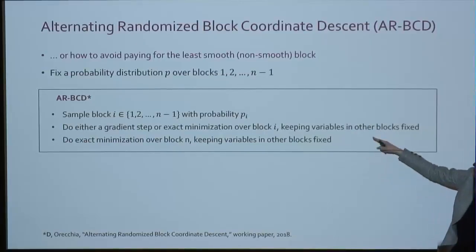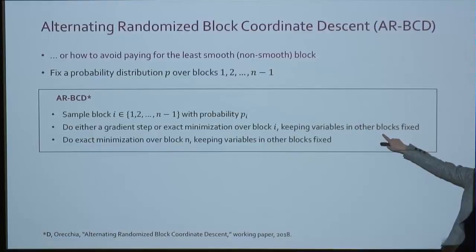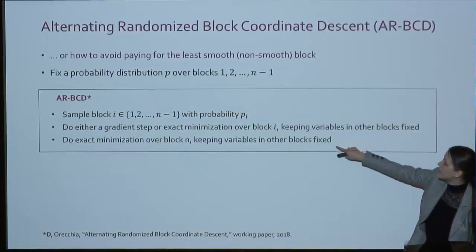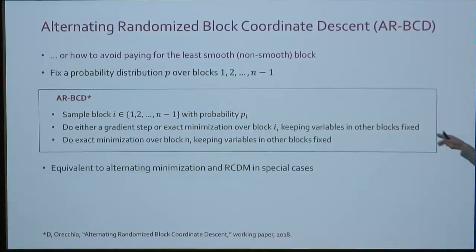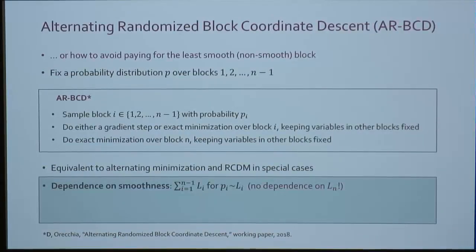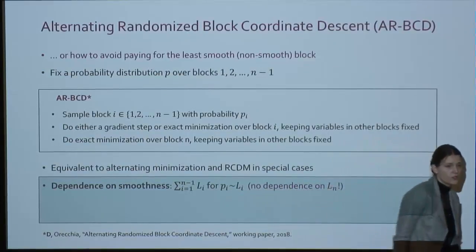So you're alternating essentially between two steps. One looks more like this randomized coordinate descent method. One is exact minimization. If you have only two blocks, this is exactly alternating minimization. If you didn't have the nth block, this is exactly a randomized coordinate descent method. There is no dependence on the non-smooth block in the convergence time.